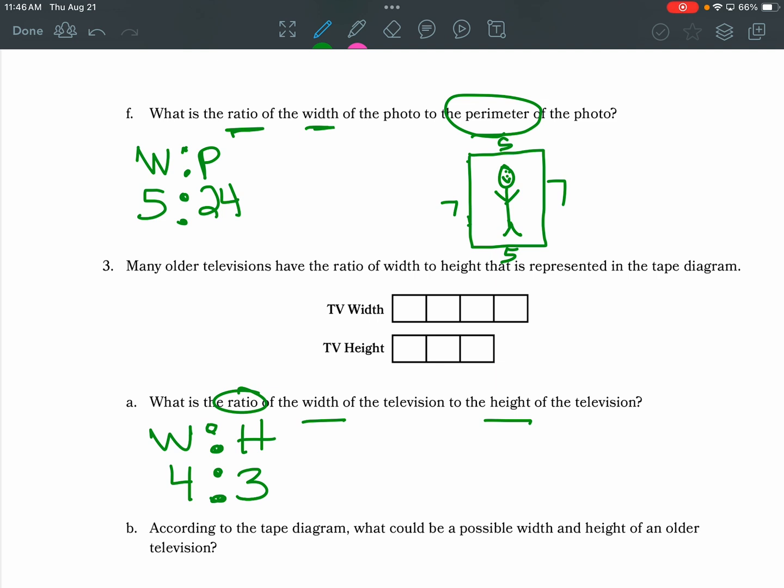All right, so according to this tape diagram, what else could my ratio be if it's not 4 to 3? Nope. Width to height. Staying with width to height, but it's not 4 to 3. 4 to 2. Nope, that's the same thing.